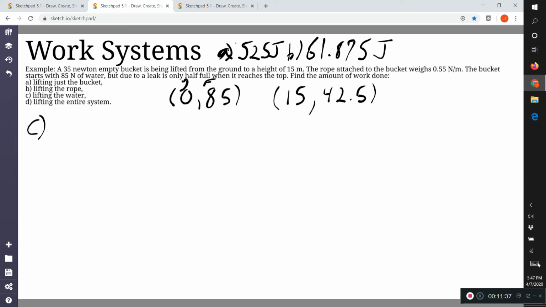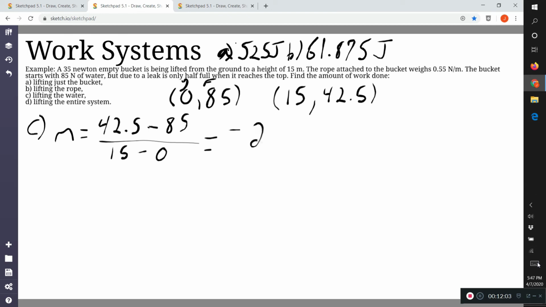So, first thing I'm going to do is find the slope. And we get 42.5 minus 85 over 15 minus 0. And we're going to get a negative slope, and that makes sense because we're losing water, which means we're losing weight. So as we do that, we get negative 2.83 repeating.